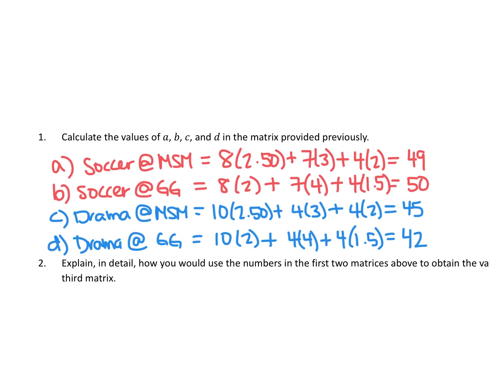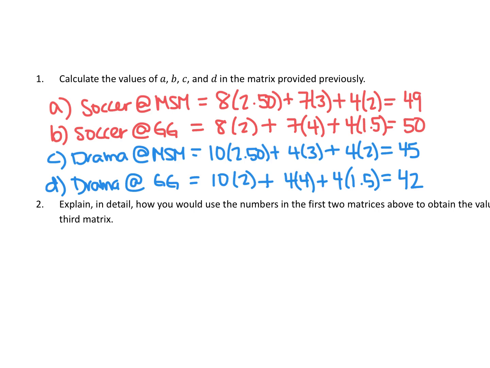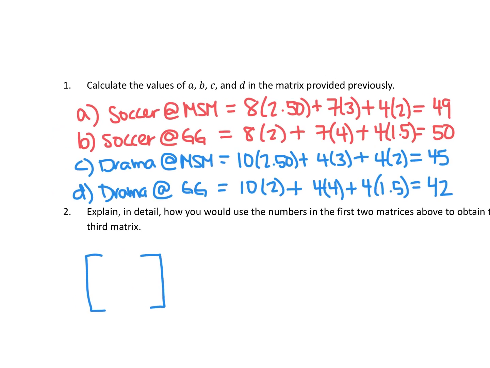So we end up with this final matrix, which is the total cost for soccer and drama at the 2 different stores.